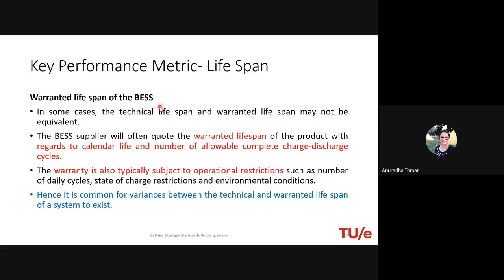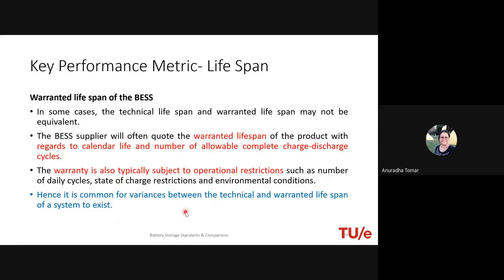In this case, they mention it based on the calendar life, with nothing about the operating conditions, but these operational conditions are basically the hidden parameters. Hence it is common for variances between the technical and warranted lifespan of a system to exist.